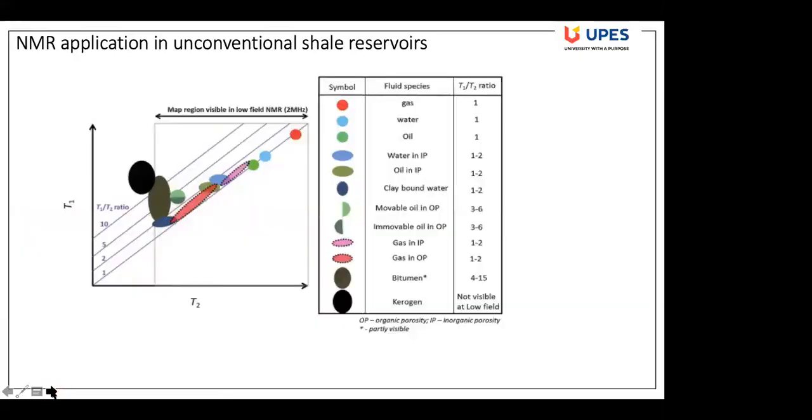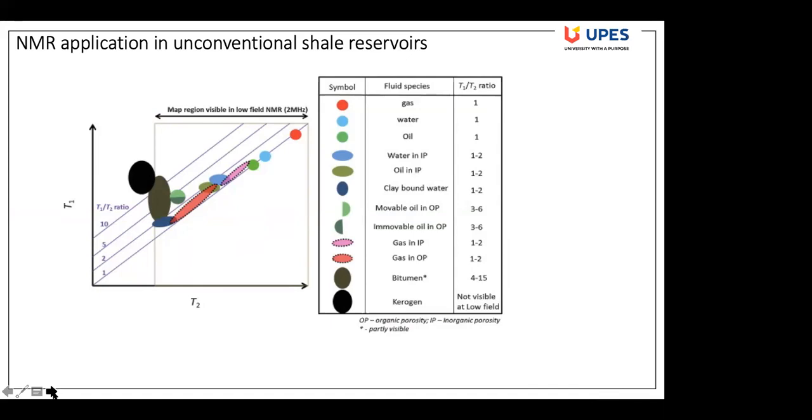NMR has application in shale gas reservoirs, and again this is a vast topic. This is a very complex log, and it is a different topic. It takes a lot of time, but I'm just giving you the application of NMR here.